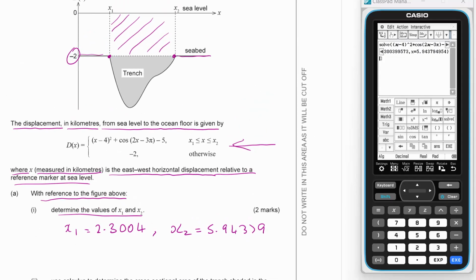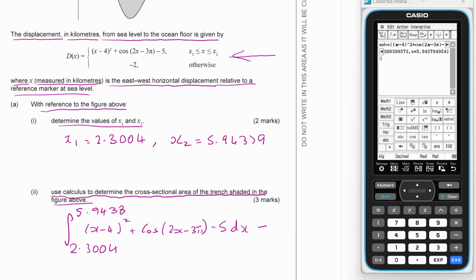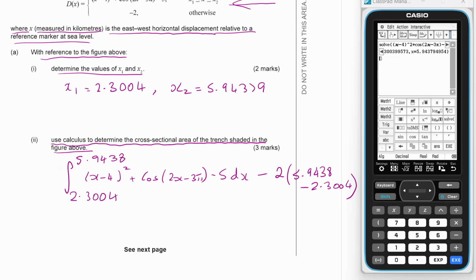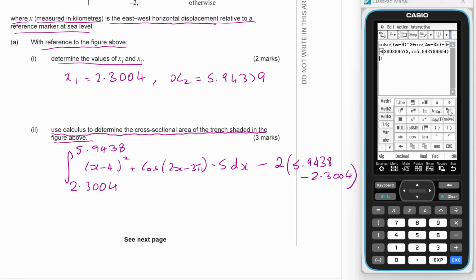And if we look at the rectangle, this is x2 minus x1, and this is 2. So it's going to be twice 5.9438 take away 2.3004. So let's calculate all of that.